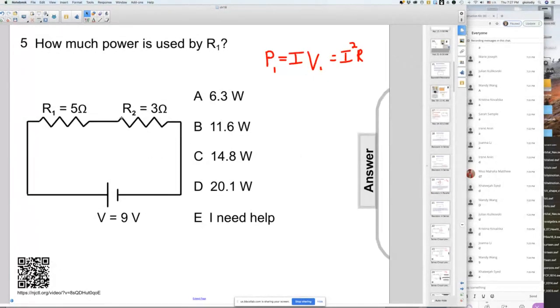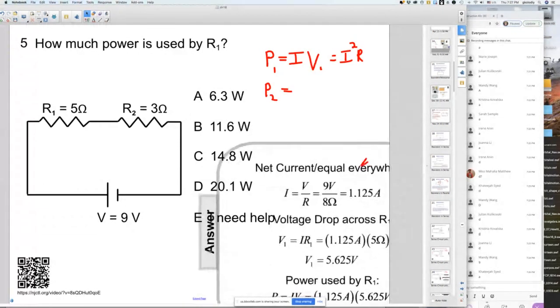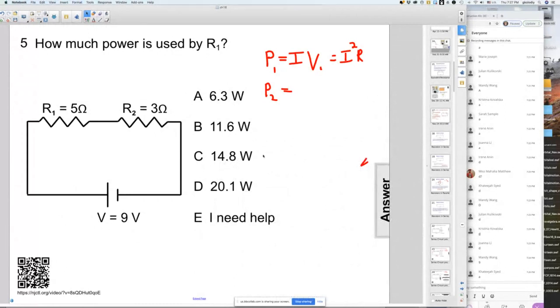Okay, how about R2, how about the power in R2? So I'm going to use the same equation. Power in resistor 2 is going to equal the same I as we had before. And what was that I again? 1.125.